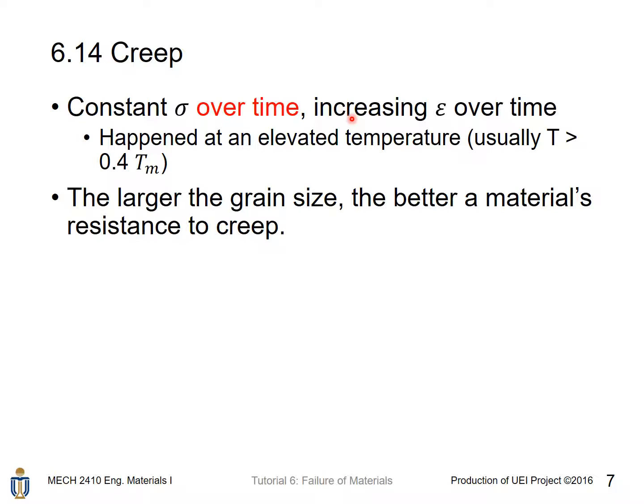In modern designs of those turbines, we use single crystal turbines. That's basically an application of this principle: the larger the grain size, the better the material's resistance to creep.